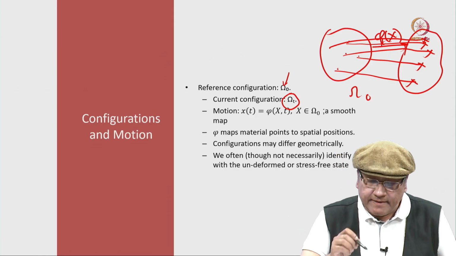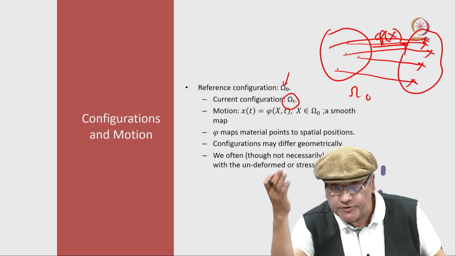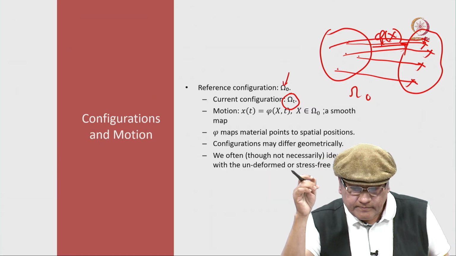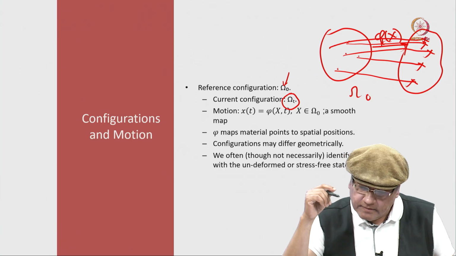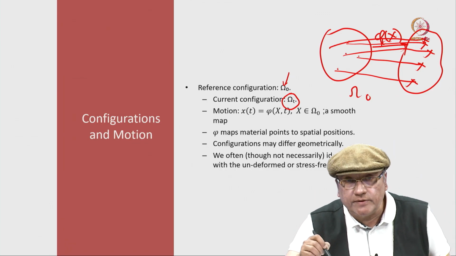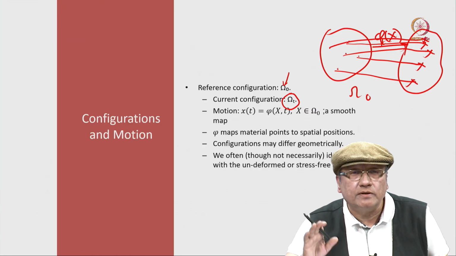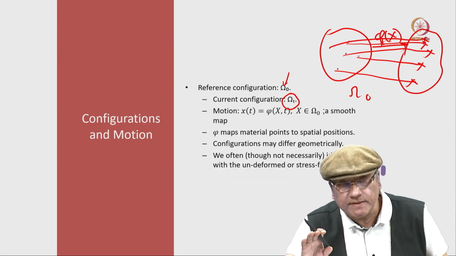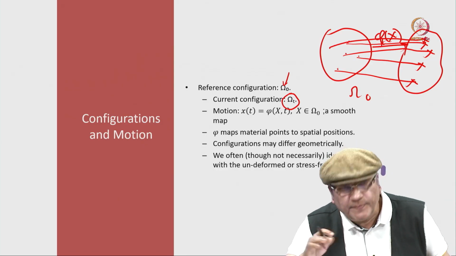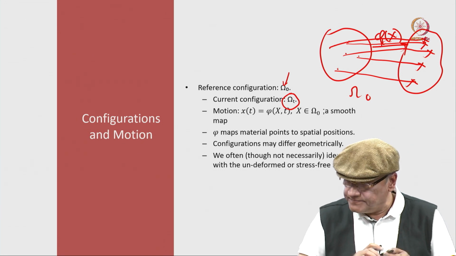So you can understand that phi therefore maps material points to the spatial positions. And so typically we identify this omega 0 when there is no stresses or external agency put on the body. That means it is undeformed, right, typically. It is not necessarily so, but typically that is the case.